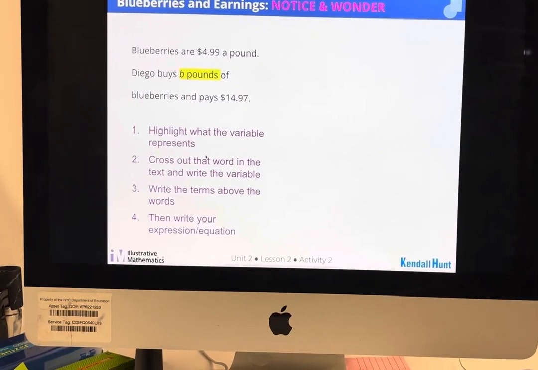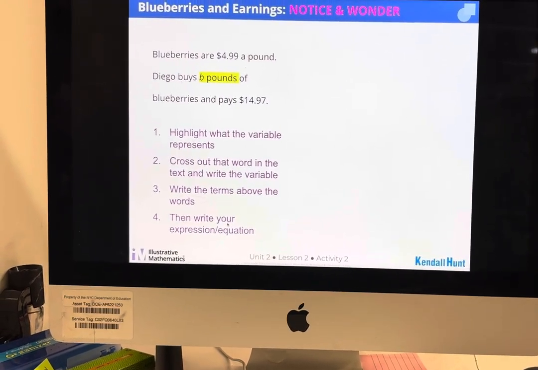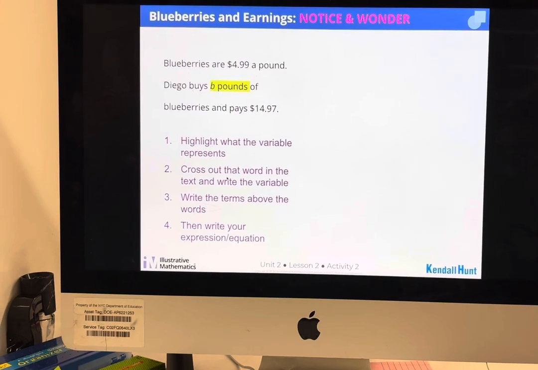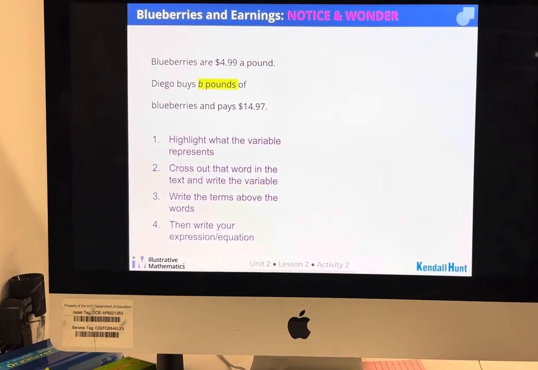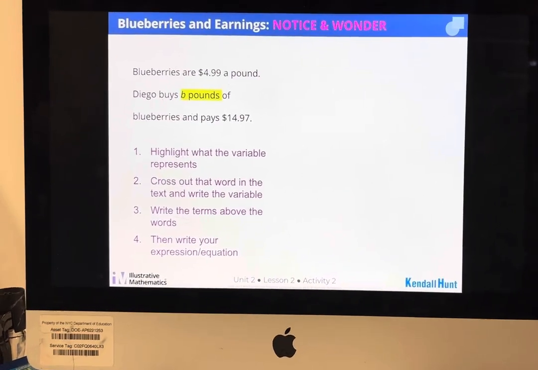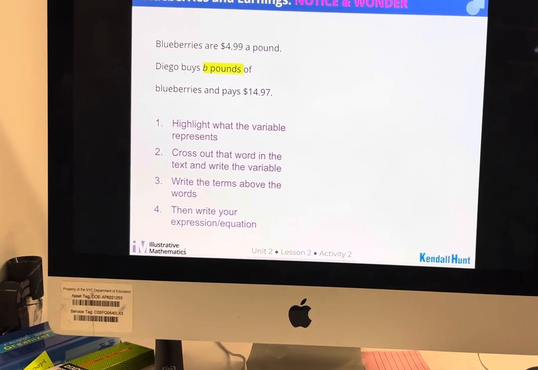All right, and then I can now write my expression 4.99B. Now, we're noticing that we have something else to think about. We have the value of $14.97.